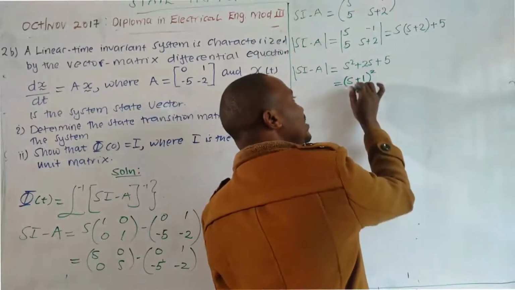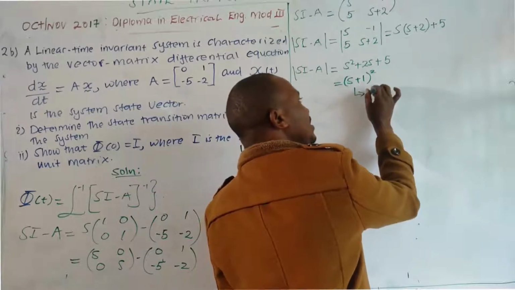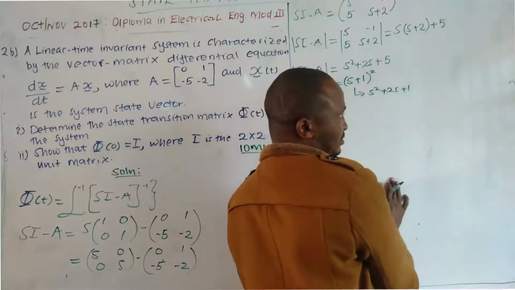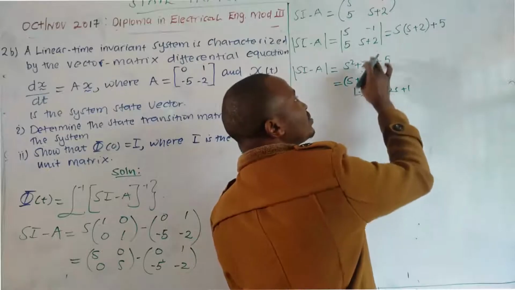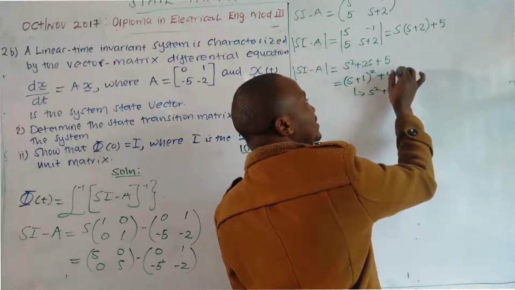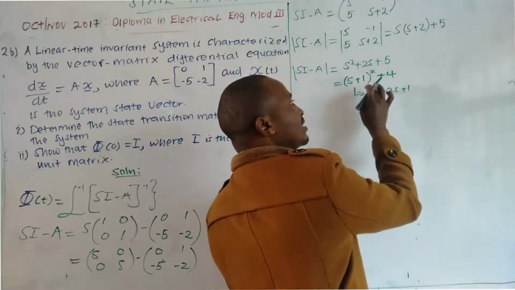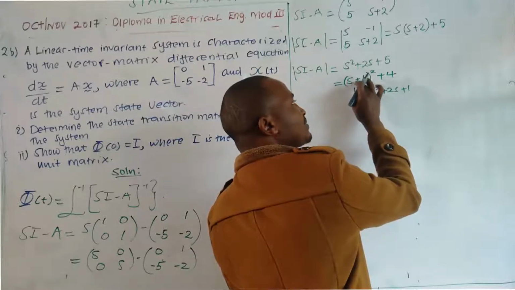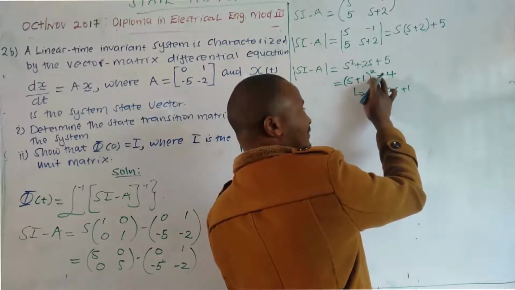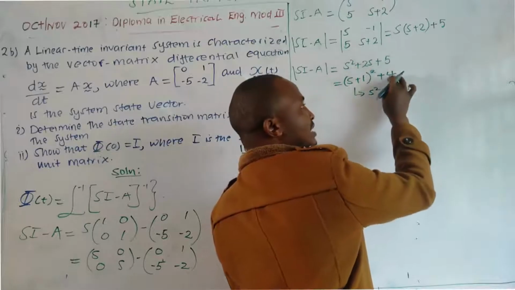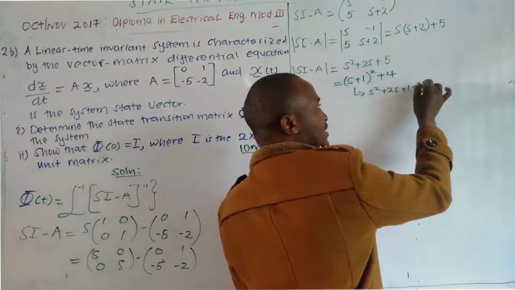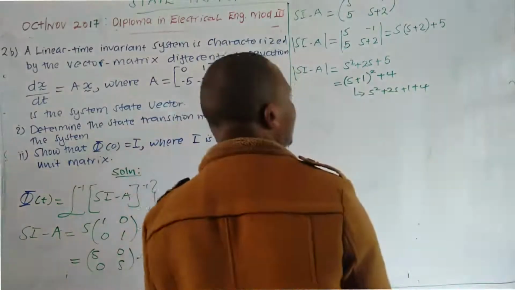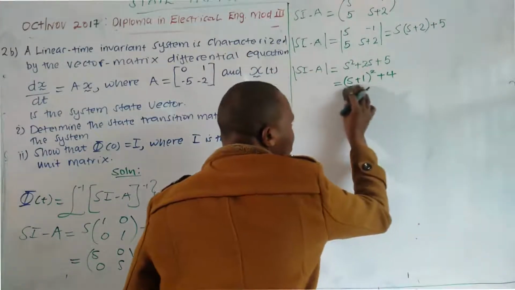But notice, if you expand this, it will give you s squared plus 2s plus 1. So to make this equal to the original, you must add a 4 here, which will give us 5. So we can remove this, we don't need it.